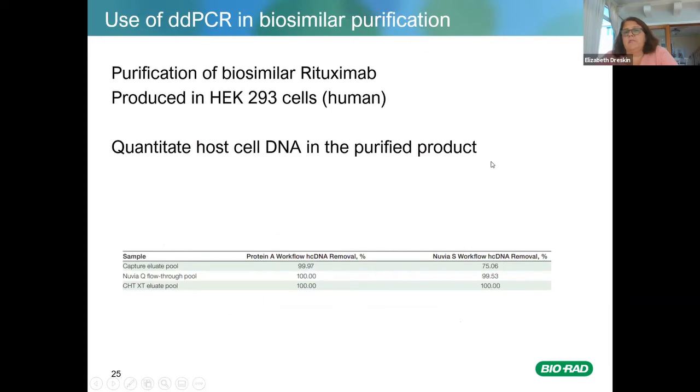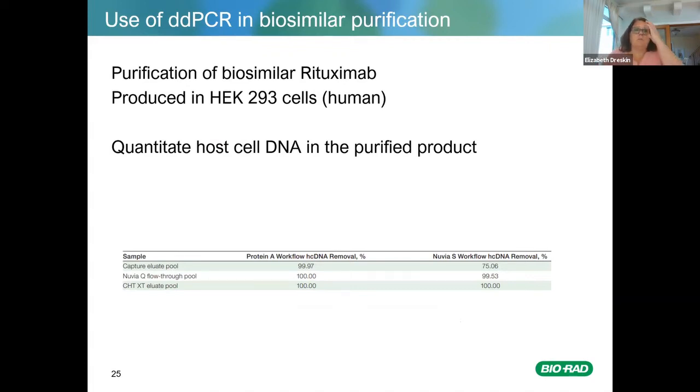One other different use of digital PCR is in biosimilar purification. My group did a purification of the biosimilar rituximab. Biosimilars are similar to the biologics, and biologics are often antibody drugs that are used to treat cancers and different diseases.